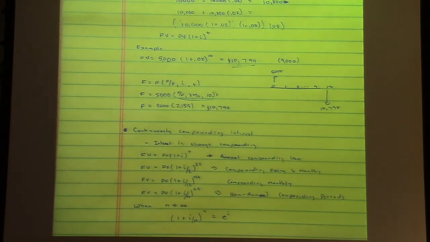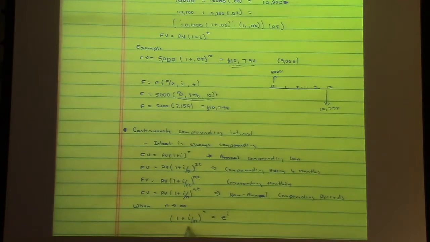Just as an example, you can take your calculator, and let's say that your interest rate is 0.08, so you take 1 plus 0.08, and let's say you want to compound this 8% maybe 1,000,000 times per year.